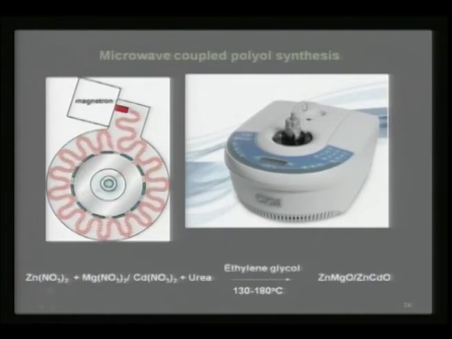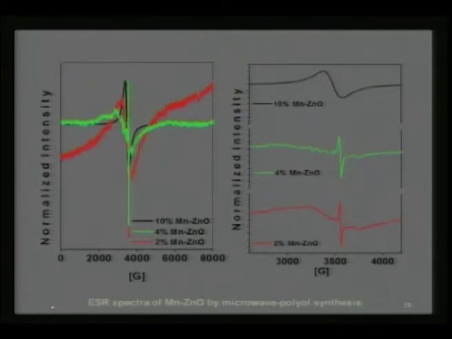As I have told you earlier, you can do this using microwave polyol, which is the chamber that is used here, and if you take the ESR spectra of these manganese oxide powders, you can see that there are interesting features coming up. For 2% and 4% doped manganese oxide, you clearly see a 6 line spectra.